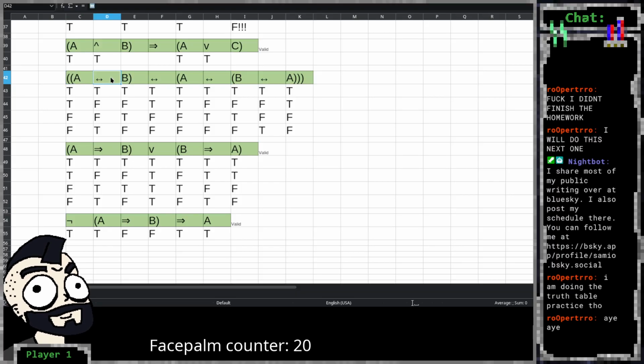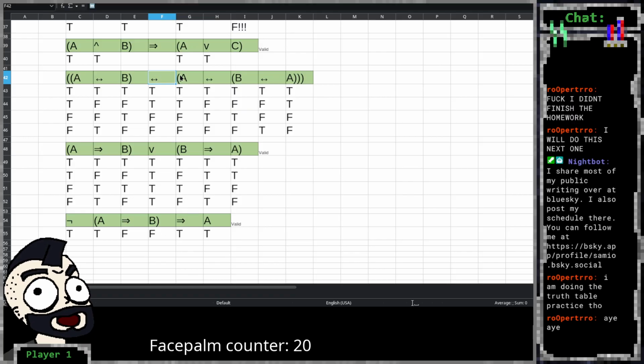This is A is equivalent to B if and only if A is equivalent to B is equivalent to A. This is not valid. I don't know why I didn't put the result. A if and only if B.